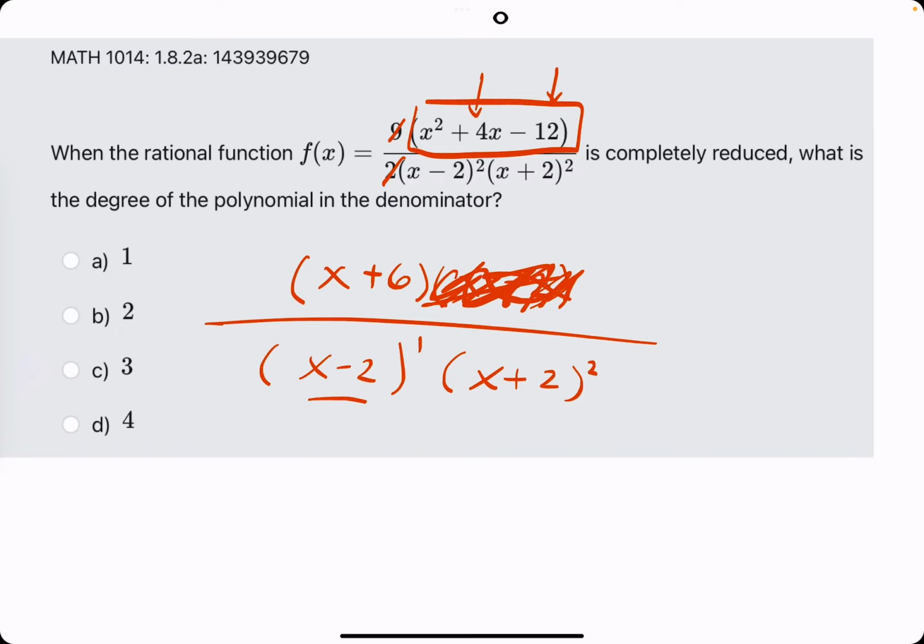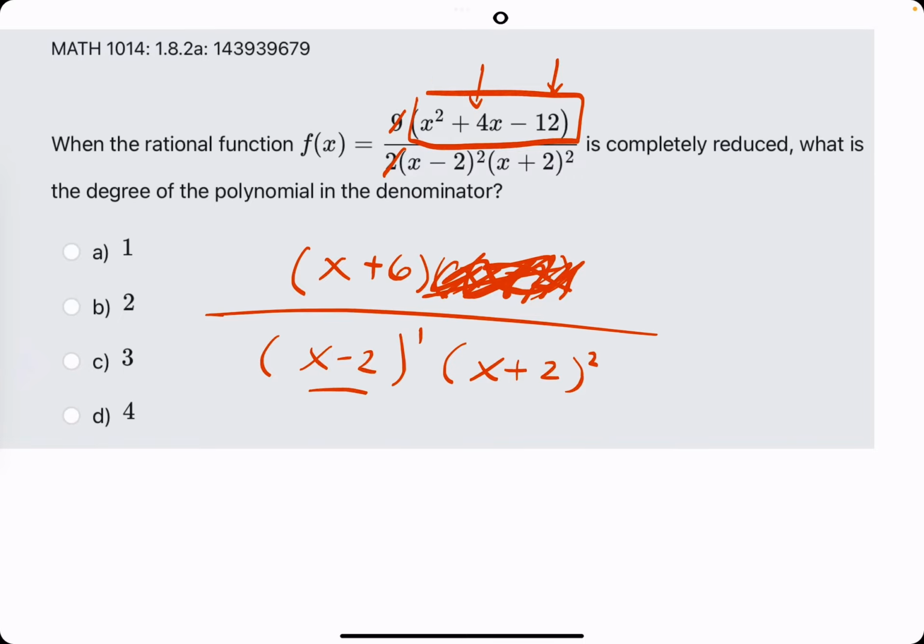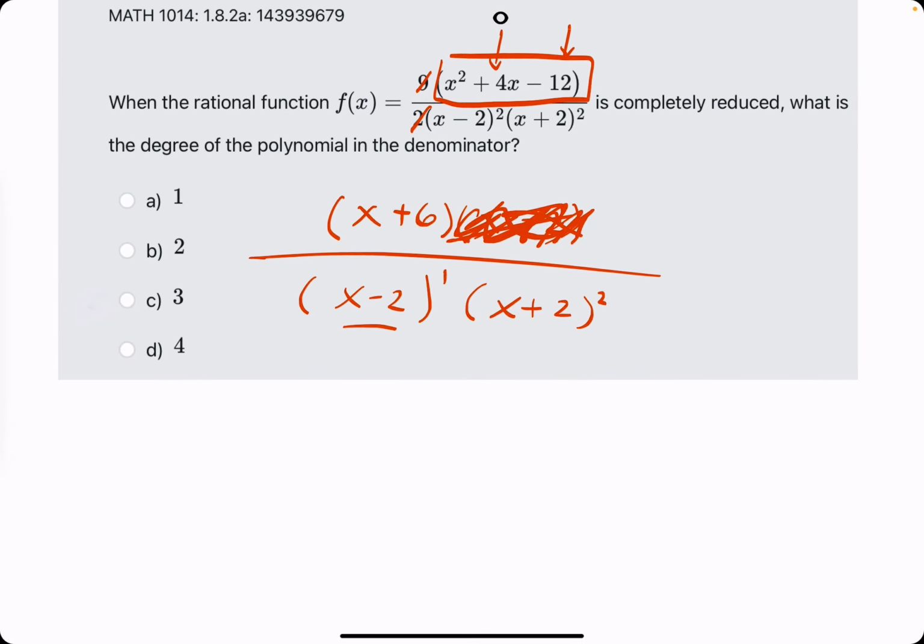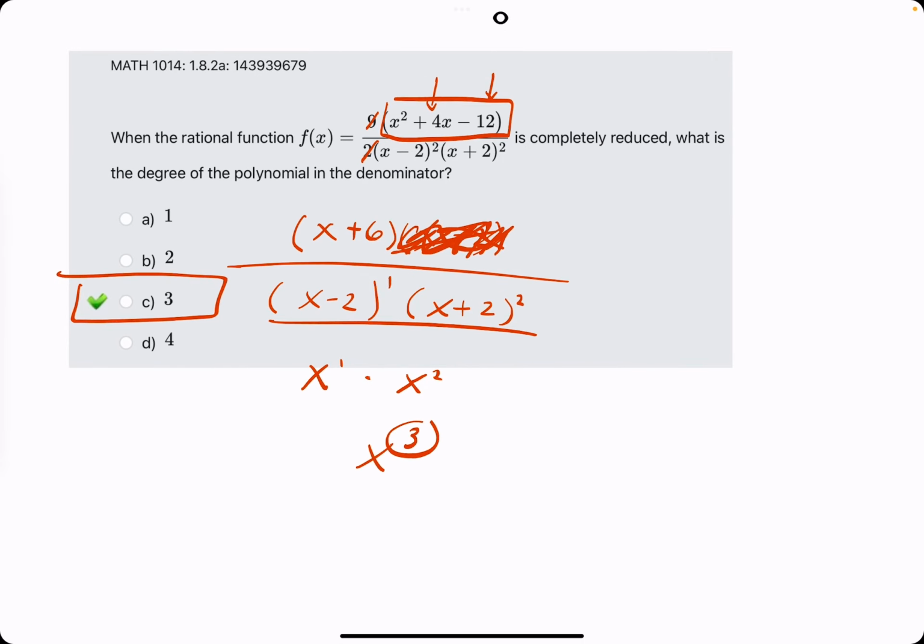They want to know the degree of the polynomial in the denominator. So imagine if we multiplied everything out, we'd have an x to the first multiplied by an x squared from this factor here. X to the first times x squared is x cubed. So the overall highest exponent in the denominator would be 3. That is the degree of the polynomial in the denominator.